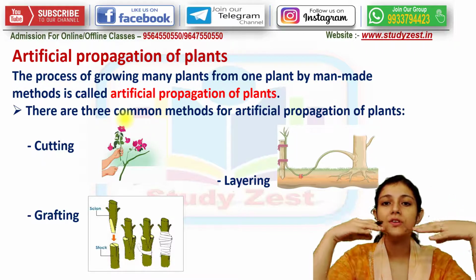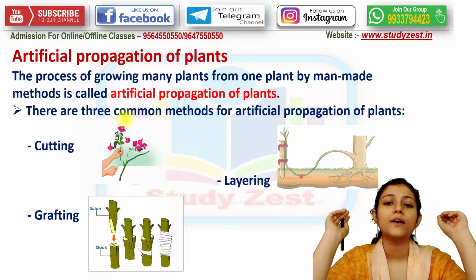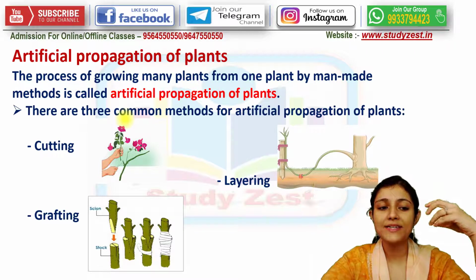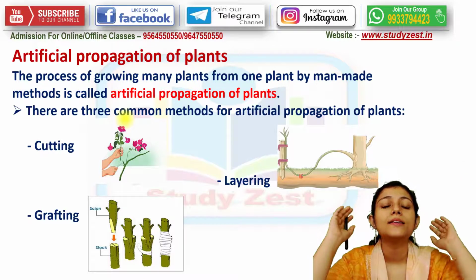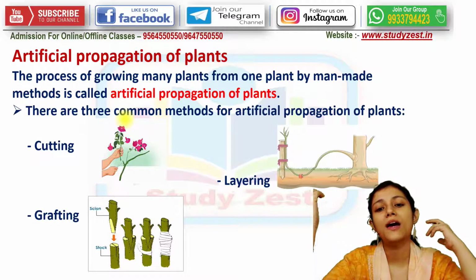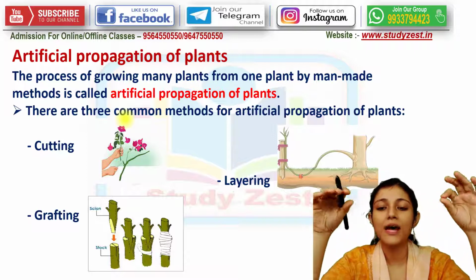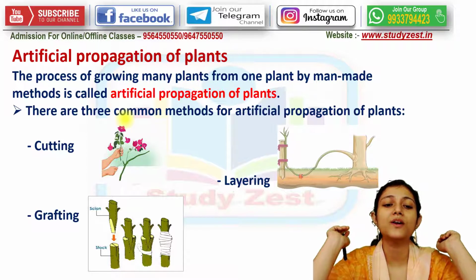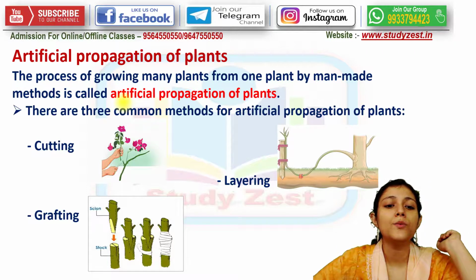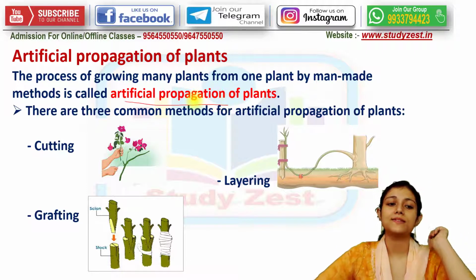Now this is the artificial one, which is man-made. But how it is done, we'll discuss that. The process of growing many plants from one plant by a man-made method is known as artificial propagation of plants.